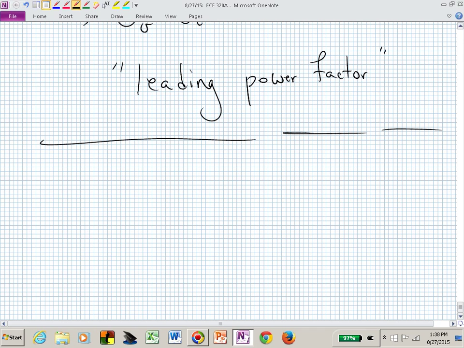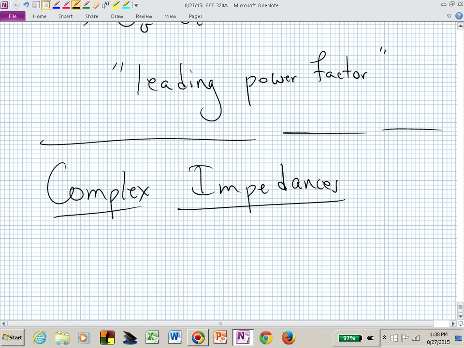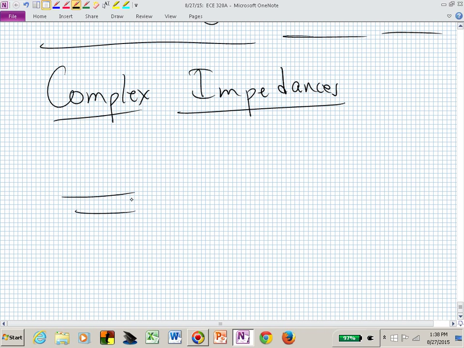Now we're good to go. Now we can say, well, we aren't going to just be playing with pure inductors, pure capacitors, and pure resistors. We are going to have some combination or some mix of all of those. We now have complex impedances. And if we have complex impedances, what does that tell us about our power? We aren't going to just be in the real direction, are we? We are going to have some reactive power, and we will simply call that complex power.